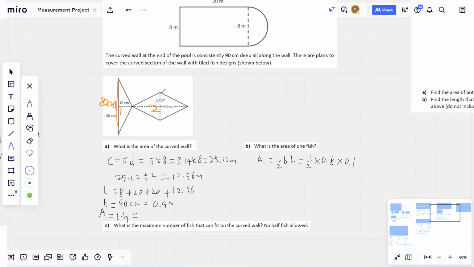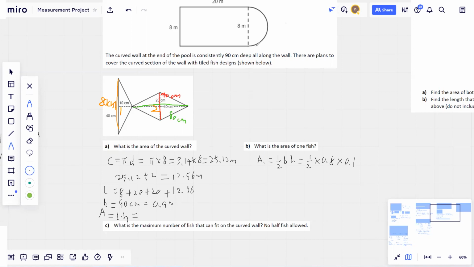So this bit, I just use a different color. So for this diagonal, this one would be 40 centimeter. And for the second diagonal, I use green. That would be 80 centimeter.